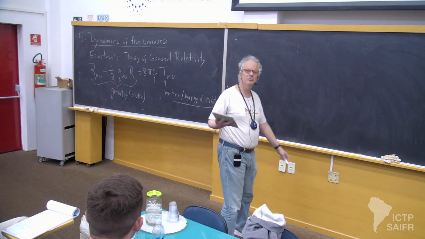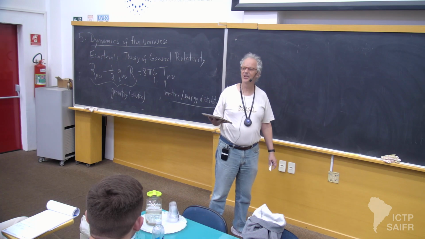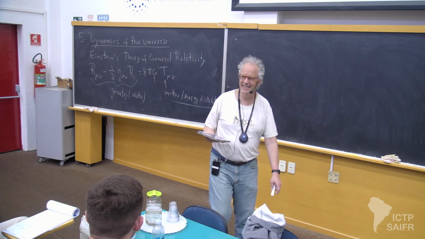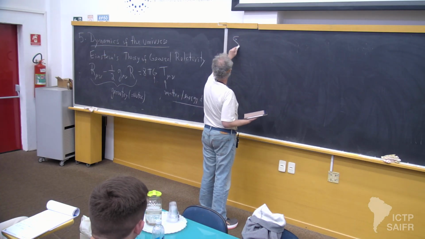So where do you get equations of motion in classical mechanics? The principle of least action. So what do you need? An action. This complicated equation follows from a not so complicated action.